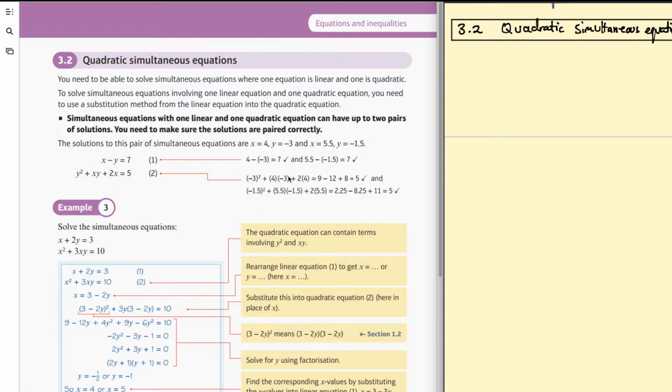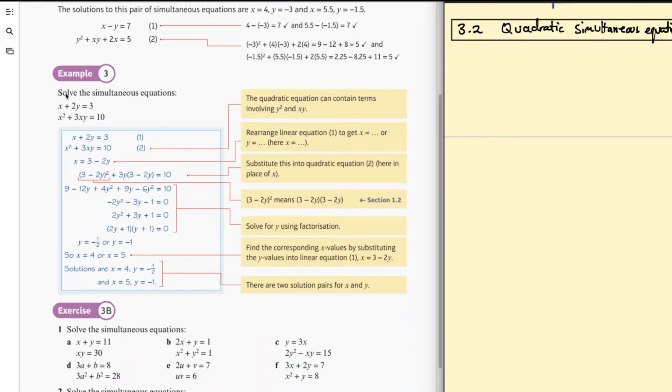Okay. So solve the simultaneous equations x plus 2y equals 3, x squared plus 3xy equals 10. Rearrange the first equation in terms of x, plug it into the second equation where the x term is, and then you have a quadratic that you solve for y, and then you get the matching pairs of solutions for x.